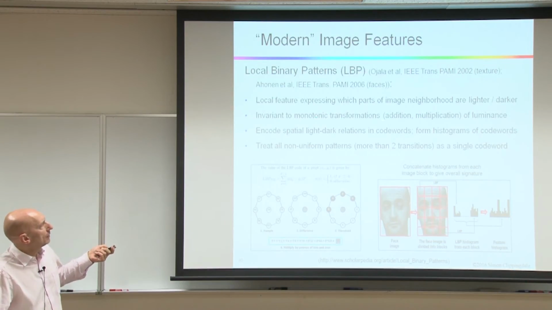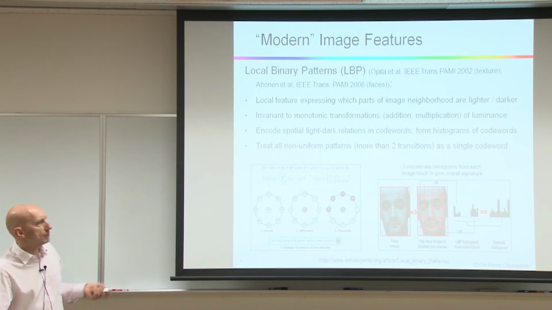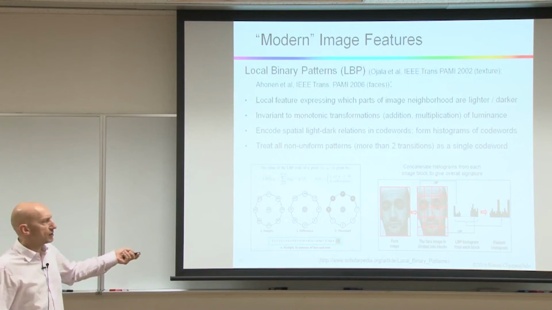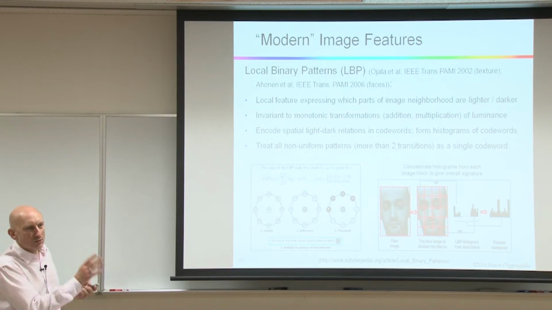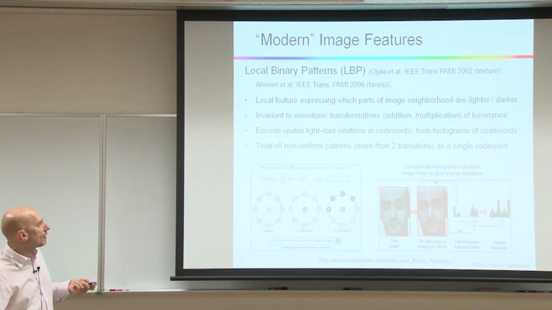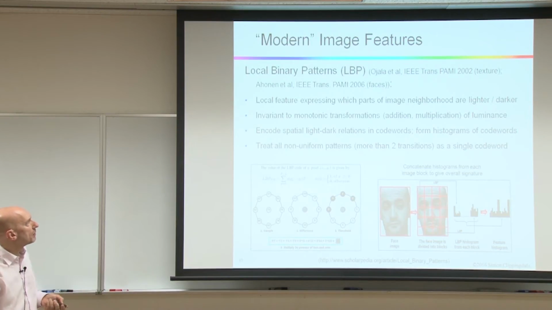Now you can add luminance to all this, so all the numbers get bigger. It doesn't change the feature at all. You can multiply, that's if you shine a light or increase the illumination of your scene, it doesn't change these features, so they're pretty robust.